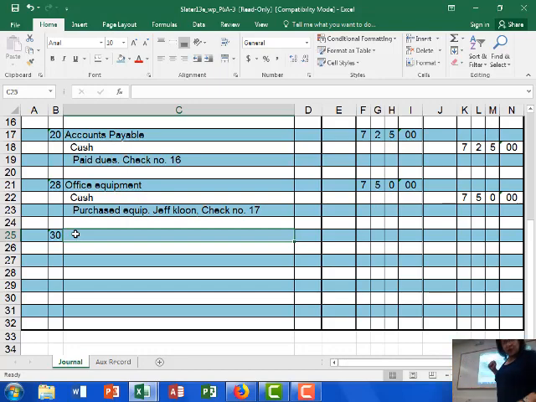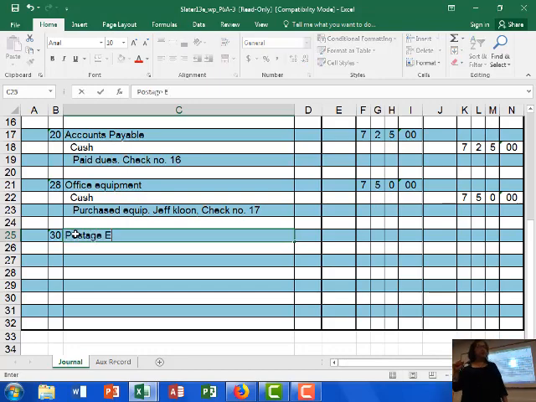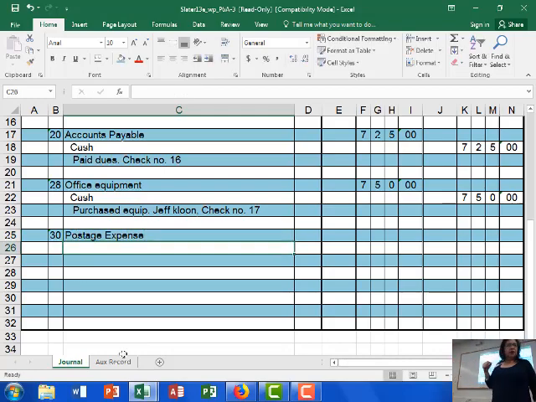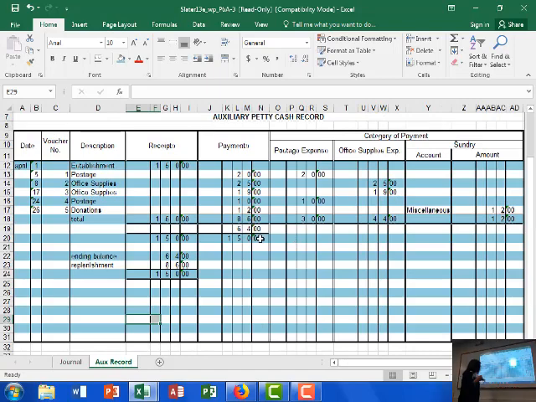Sorry, you're right, we do have expenses that are there. So you're going to take the totals for your postage expense and then replenish. So basically, you have to look at your auxiliary record and see the totals for all these general expenses, to show where that money went, where it left petty cash.